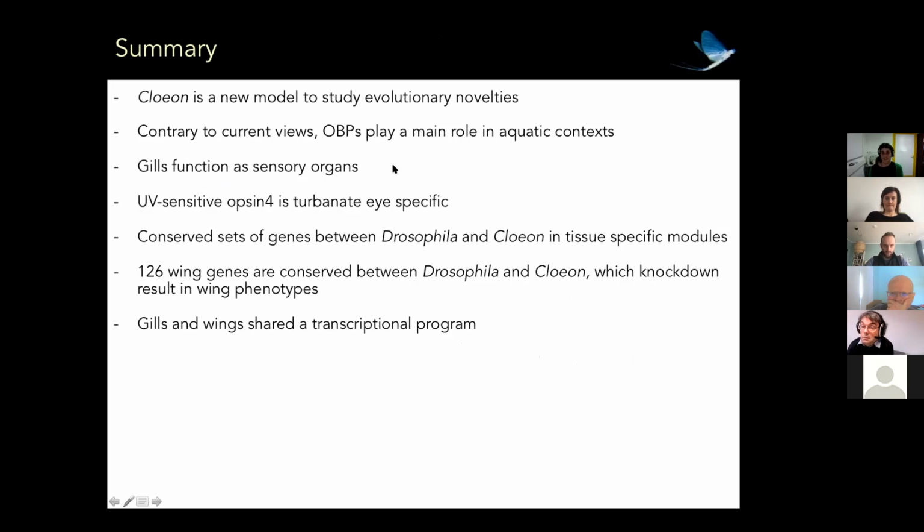I hope you are convinced now that Cloeon is a new model to study evolutionary novelties; that, contrary to current views, odorant binding proteins, this chemosensory gene family, play a main role in aquatic contexts; that gills function as sensory organs; that the UV sensitive Opsin 4 is turbinate eye specific; that there are conserved sets of genes between Drosophila and Cloeon; that some of these conserved sets of genes are wing genes, and when we knock them down, they have wing phenotypes; and that gills and wings share a transcriptional program.